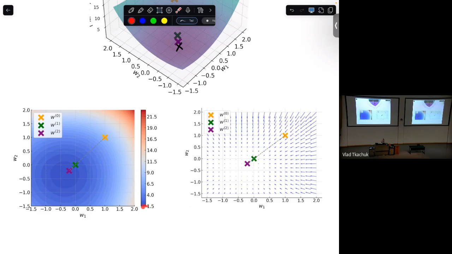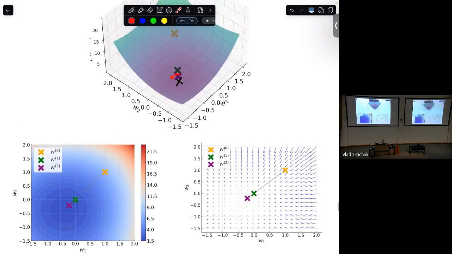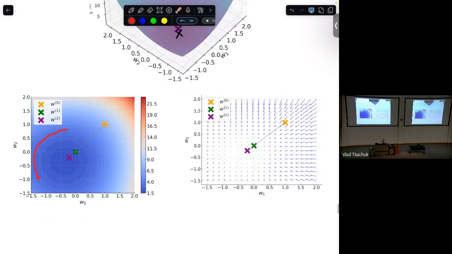In this plot, the darkest blue would be this region, and this is all the points where the function is 1.5, which would be around here. As you get higher, you're going to get a higher value of the function. So these sets here might be the value 9, and so on. You can visualize that these points are going from a region where the function is a larger number to a region where it's smaller and smaller, eventually approaching this minimum.